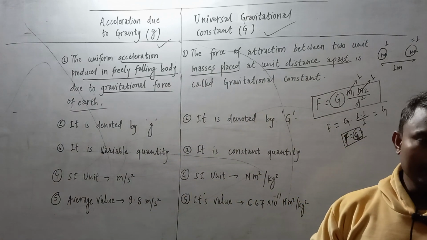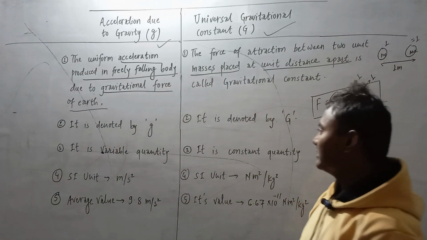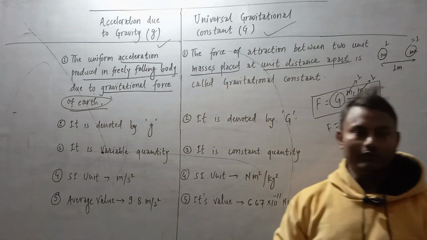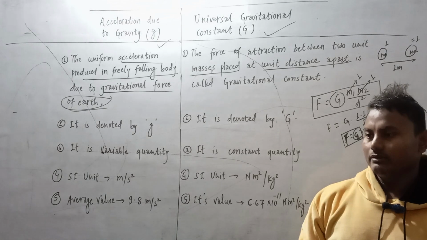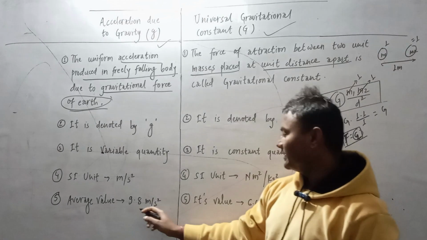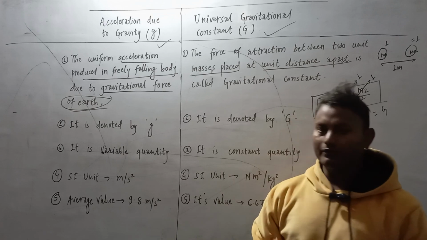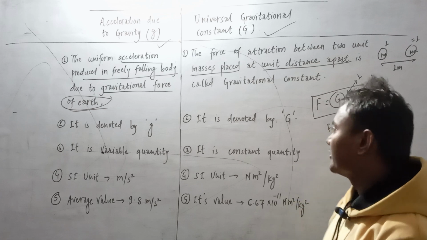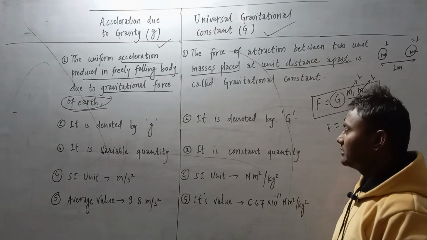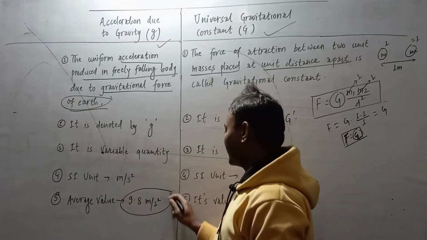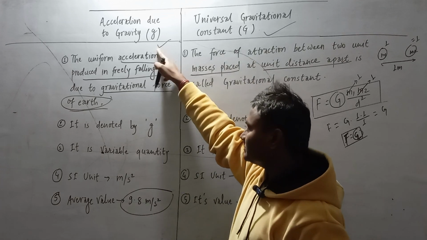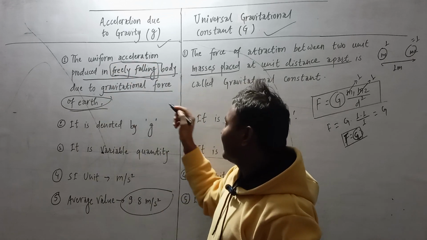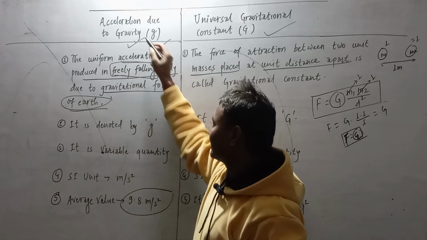Its value is different for the respective planets. For the earth, the value of g is 9.8 meter per second square, and the moon and the sun each have their own different values. Here we are especially talking about the earth. This is the uniform acceleration in the case of a freely falling body.